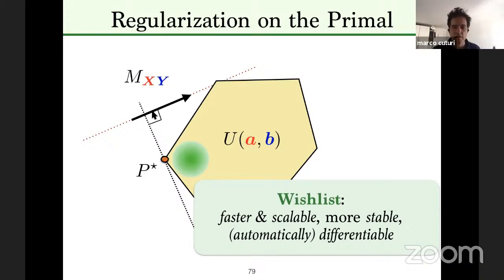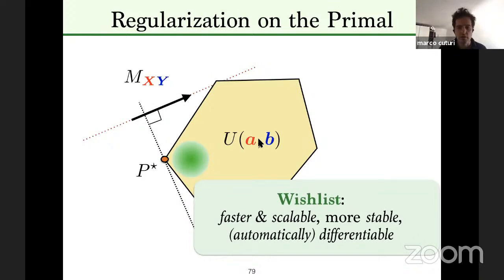Earlier on, I think you remember I was changing a little bit the direction of this vector and showing that there was instability. But actually, the same thing applies exactly for a and b. If I were to change a little bit the weights, this polytope would start wiggling around, and all of a sudden, it will hit a different face.